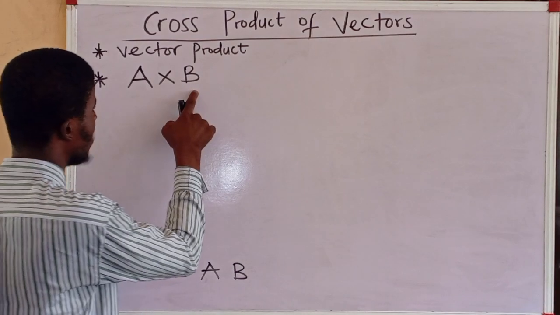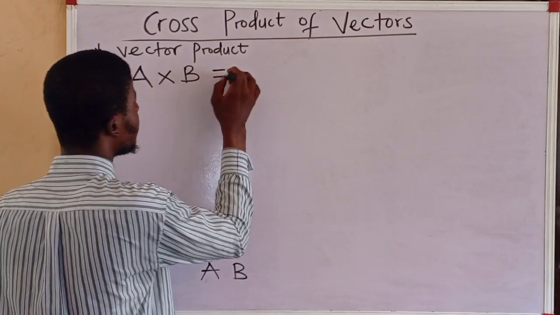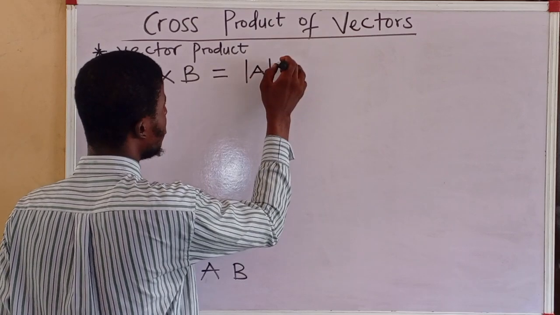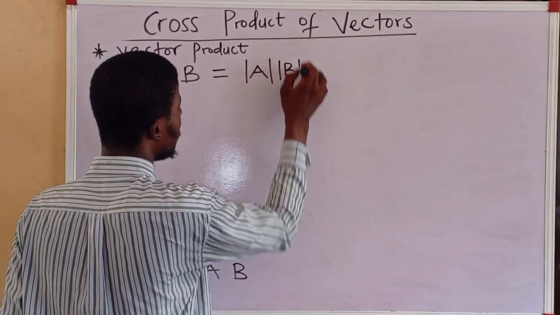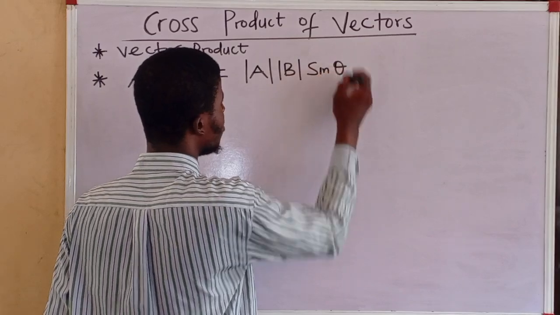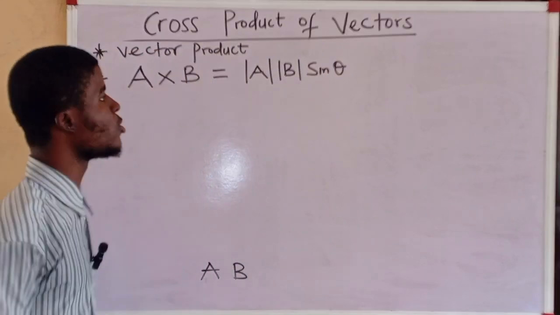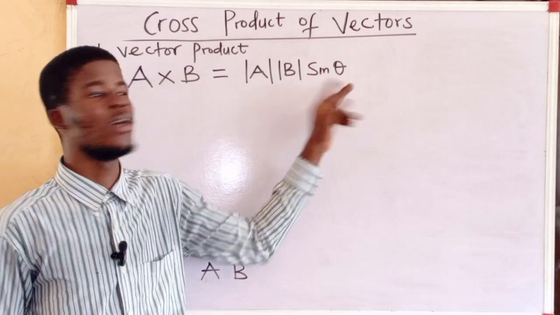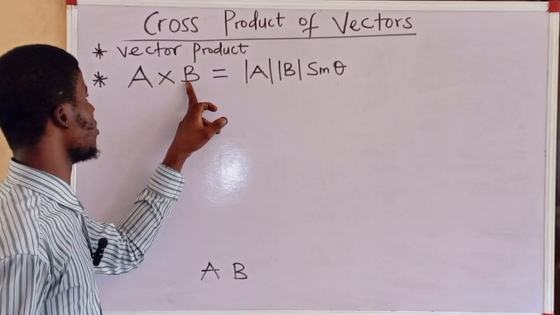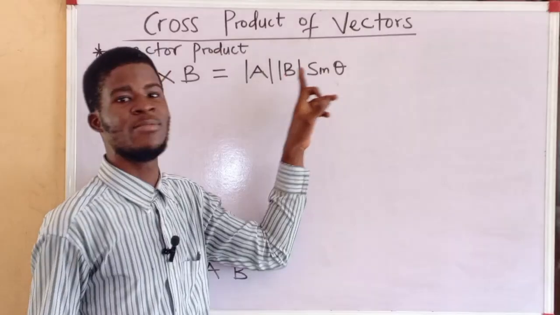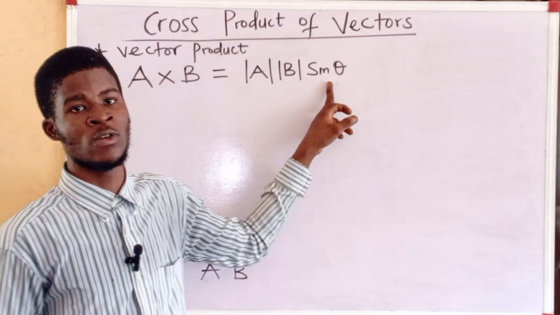A times B is equal to the product of the modulus of A, the modulus of B, and the sine of the angle between the vectors A and B. So here we have theta as the angle between the two vectors.